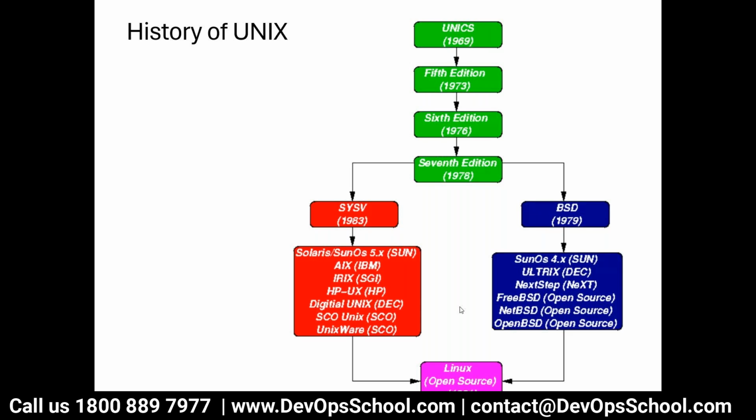From the SysV Unix flavor, lots of operating system flavors got introduced, which include Solaris, AIX, HPUX, and many more. From BSD also, many flavors of Unix got introduced. Most of these were open source, but one of them is very popular, which is called OpenBSD.